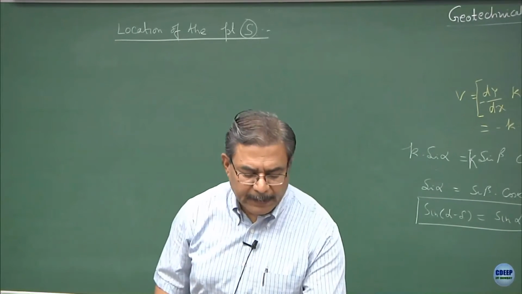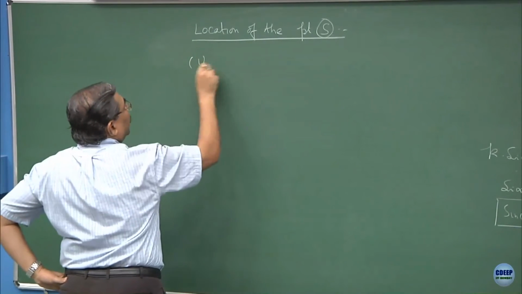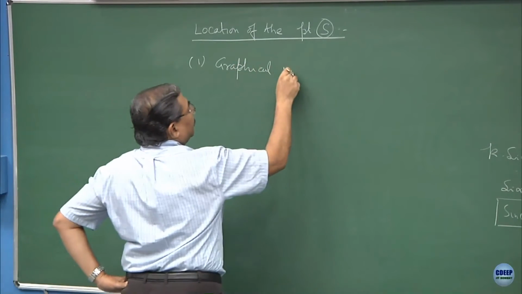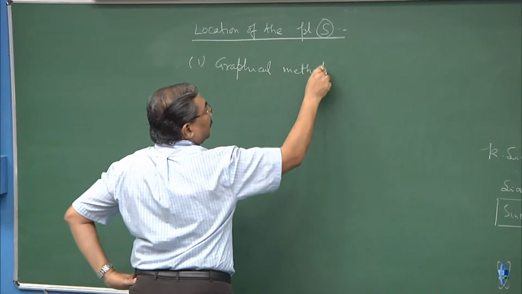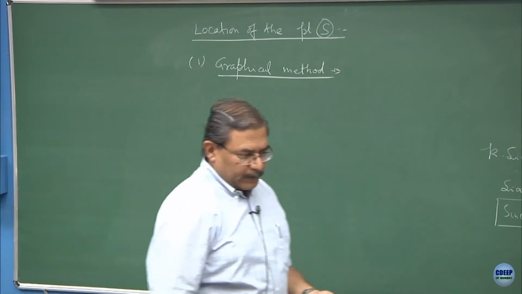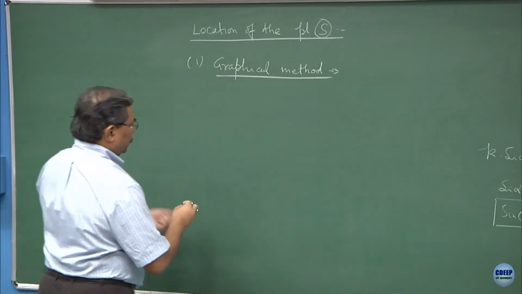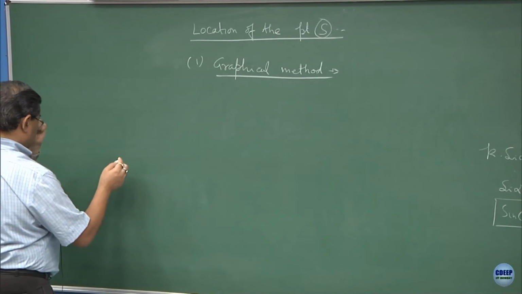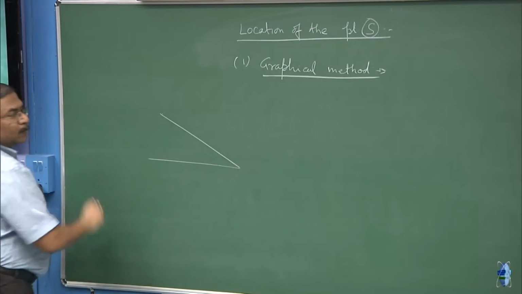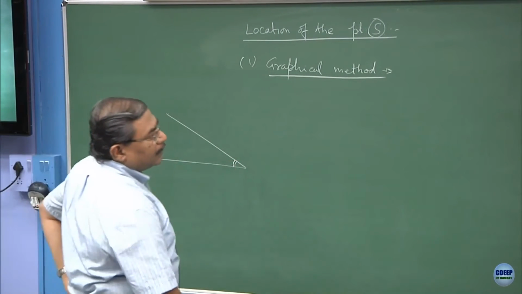One of the simplest methods is to adopt the graphical method. Please follow the steps which I am going to talk about. If this is the downstream side of the slope, I have taken this as alpha.